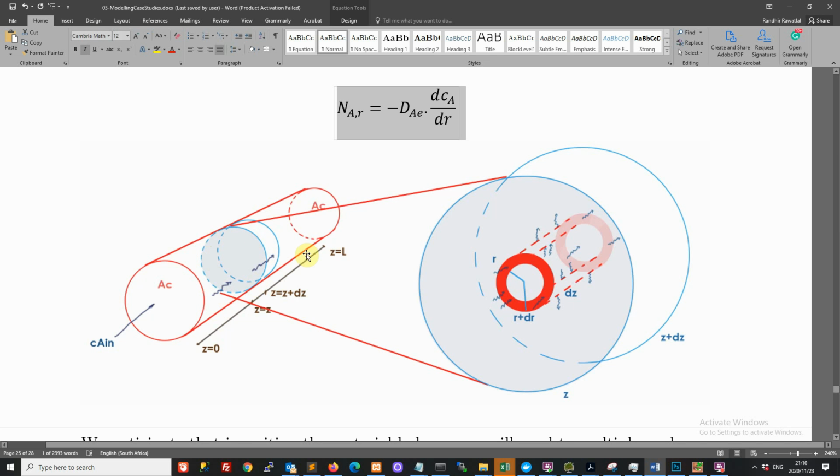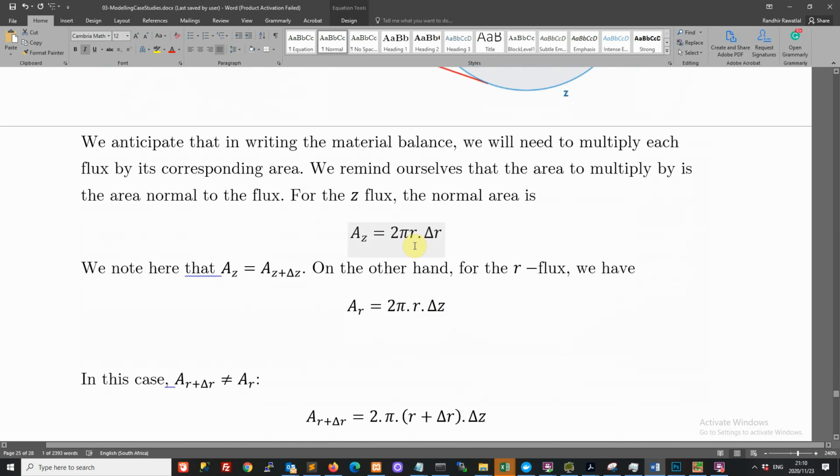Now this time the area normal to the flux in the Z direction is this bright red surface, and we estimate the area of the surface, as we said just now, by 2 pi r times delta r. So we can say here the area that's normal to the Z flux is given by, and we call it AZ just to mean the area that is normal to the Z direction, 2 pi r delta r.